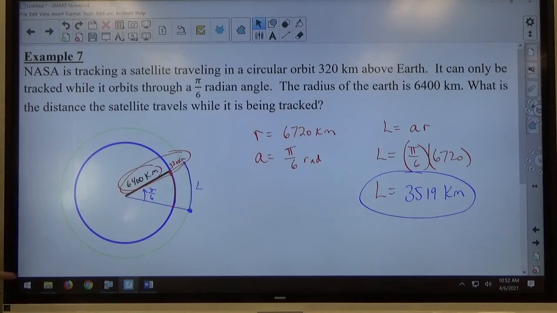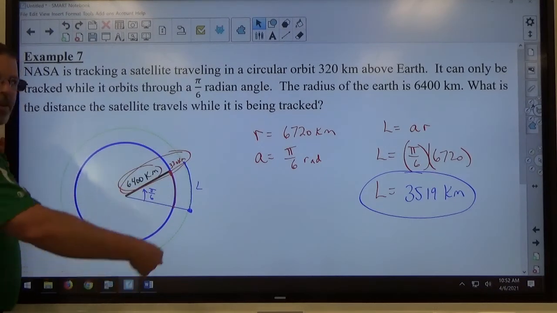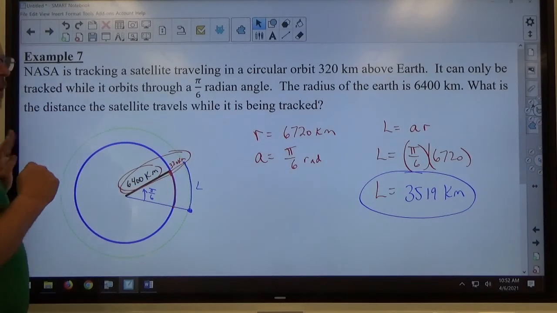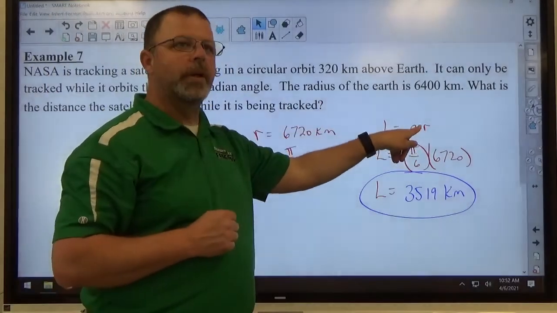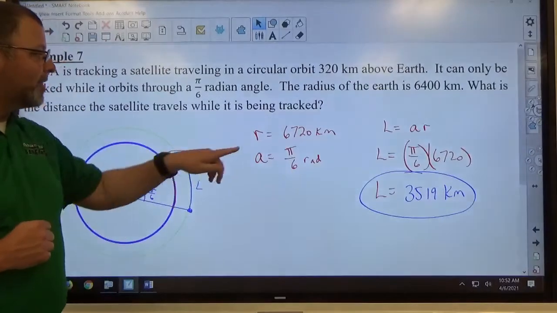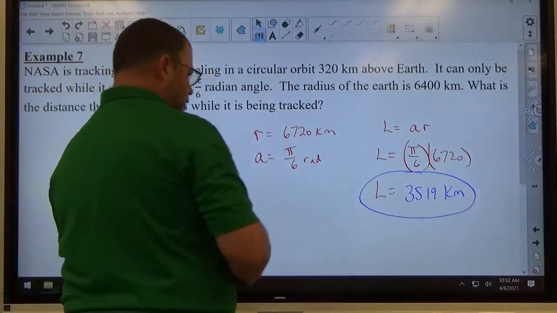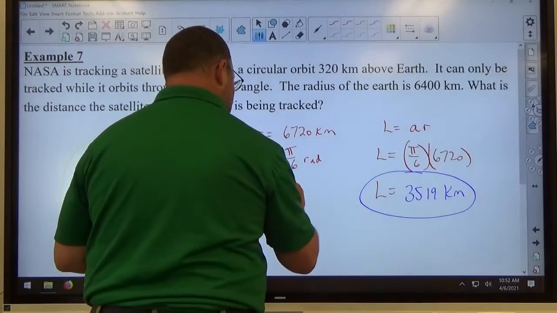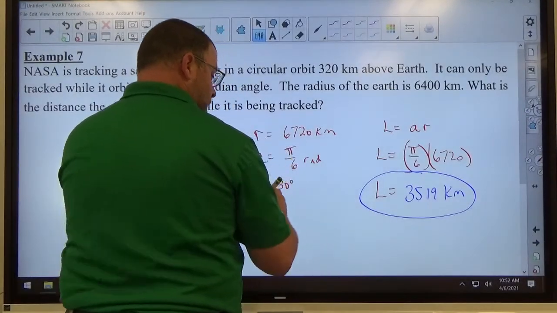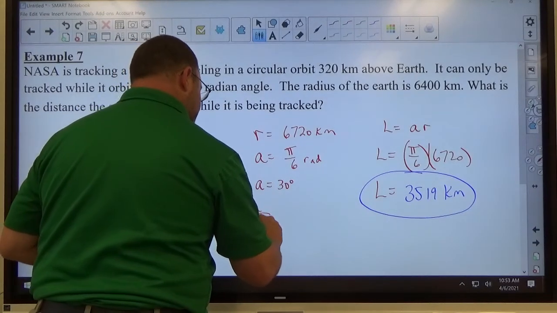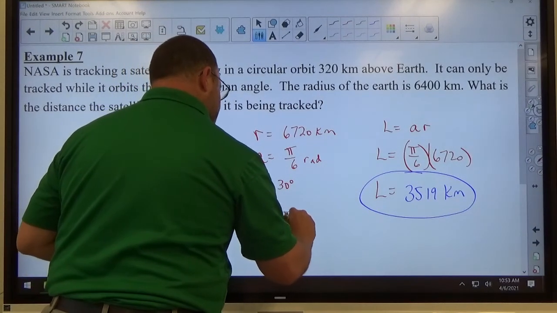The total distance it travels, we'd have to find the entire circumference of that orbit, right? But we're only taking a portion of that circumference. And again, this is the formula if we get the angle in radians. If they had said 30 degrees instead of pi over 6 radians, now we'd have to use, let me just show you that. Suppose A is equal to 30 degrees, which I already told you is the same thing, right? Then the formula would have been arc length equals angle over 360 times 2 pi r.